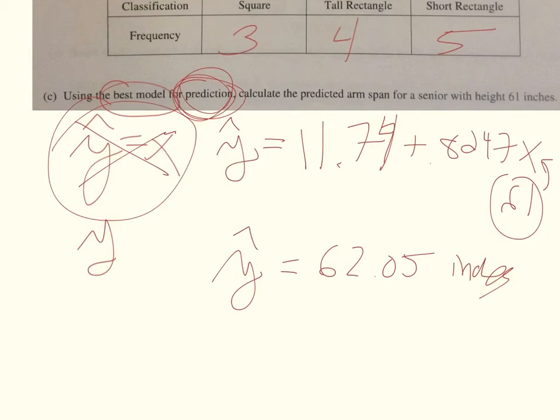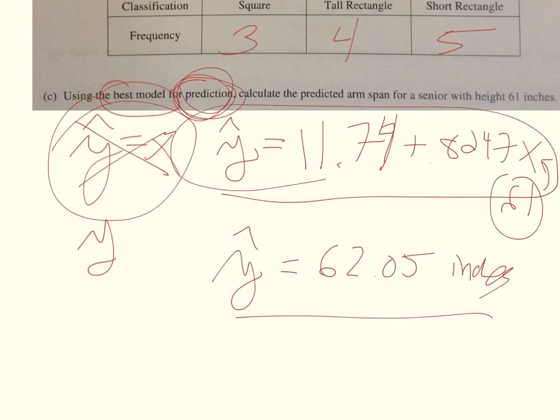It does not tell you it's good for predicting arm span. So the best model for predicting arm span is the least squares regression line, which was the line for graph 1, which is why I use this equation, plug everything in, and get my solution.